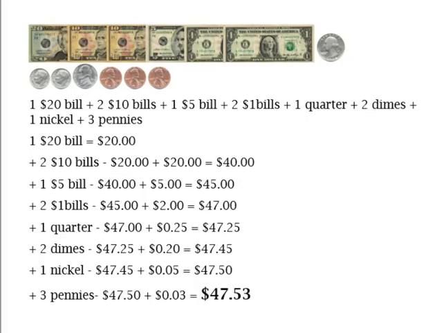So in adding all of the money up together, again we have one $20 bill, that's $20, then 2 $10 bills, that's 20 plus 20 is equal to $40, plus one $5 bill, that is $45, plus 2 $1 bills, that is equal to $47, plus 1 quarter is equal to $47.25, plus 2 dimes is equal to $47.45, plus 1 nickel equals $47.50, plus 3 pennies.